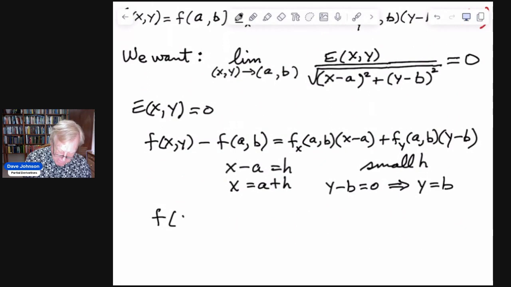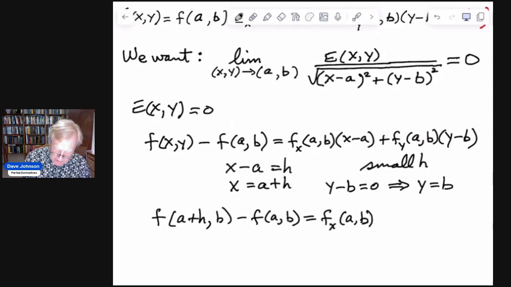F of a plus h comma b, because y is equal to b, minus f of a comma b is equal to, and then this term is going to be zero, but let's copy down that first term on the right. So f sub x evaluated at a comma b times x minus a, which we're going to just go ahead and call h.